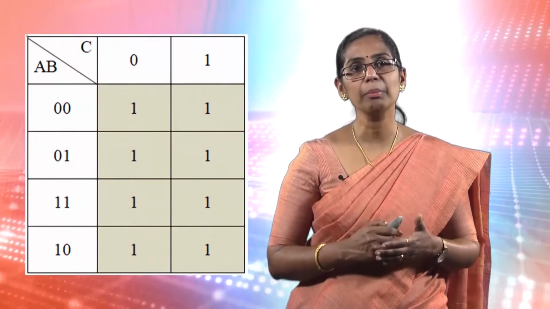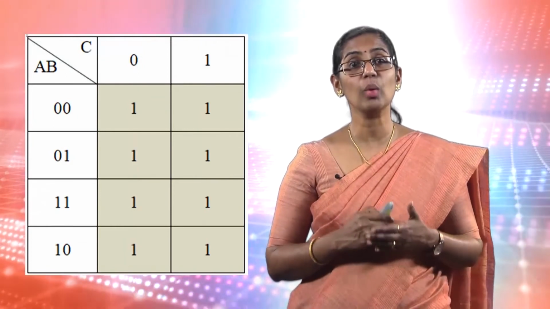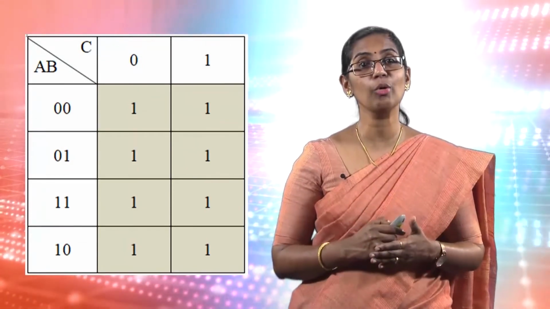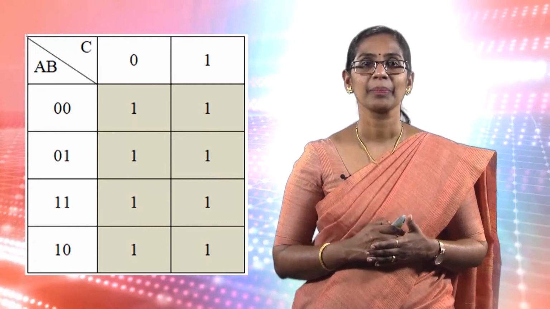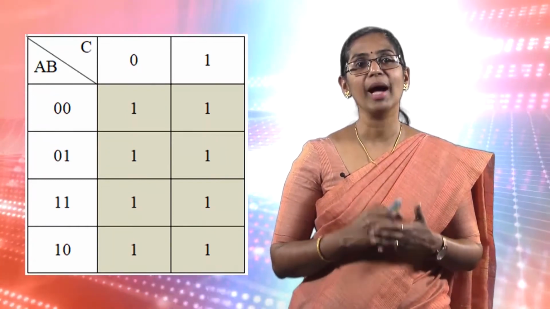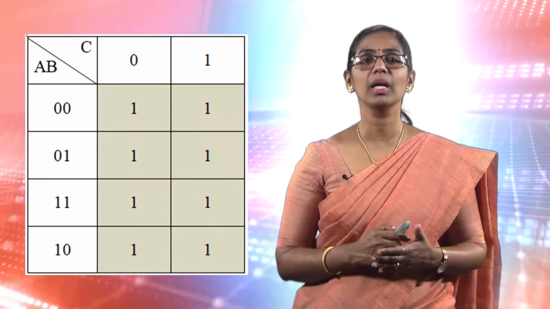When you combine 8 ones into a group, it forms an octet, and an octet eliminates 3 variables and their complements. And the special case, what happens when all cells are 1 and form a single group in a Kmap? In such a case, the value of the expression will be 1.